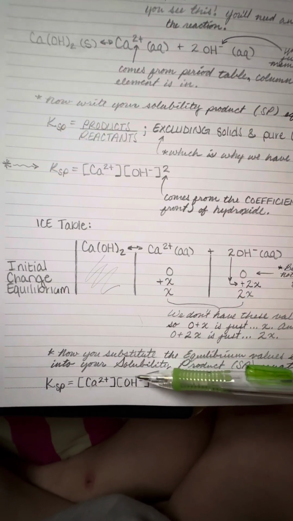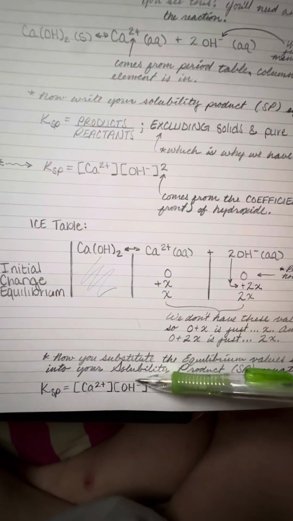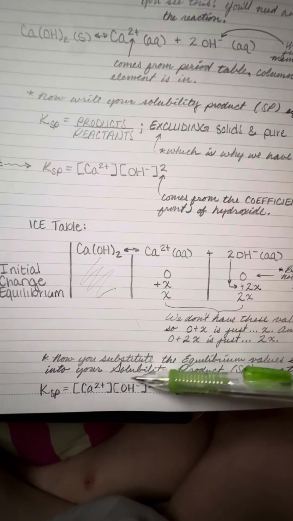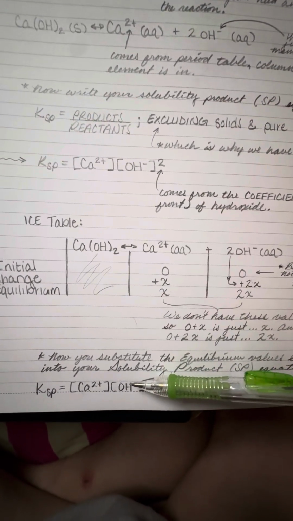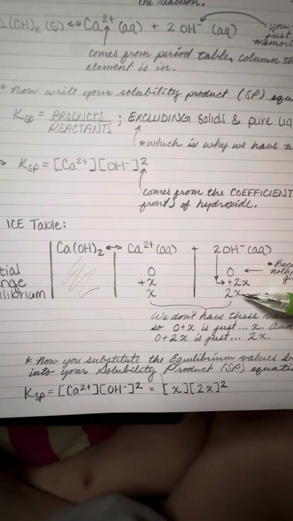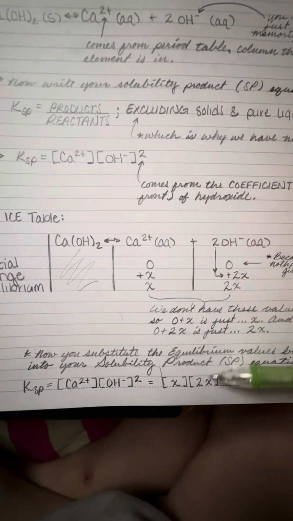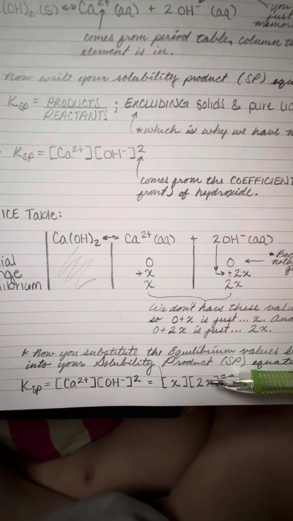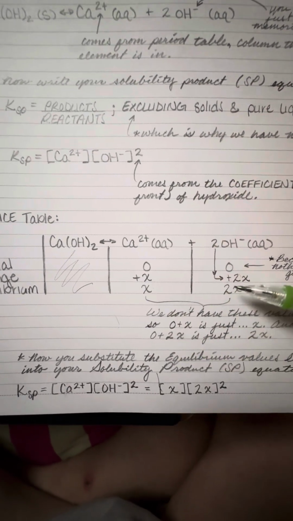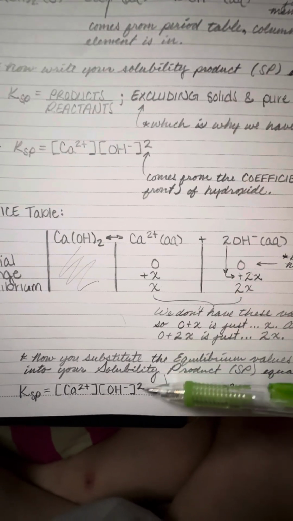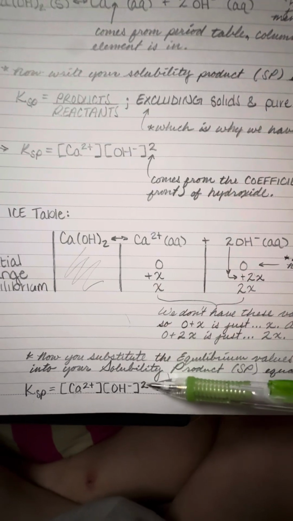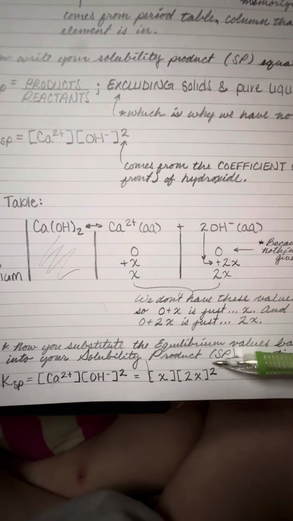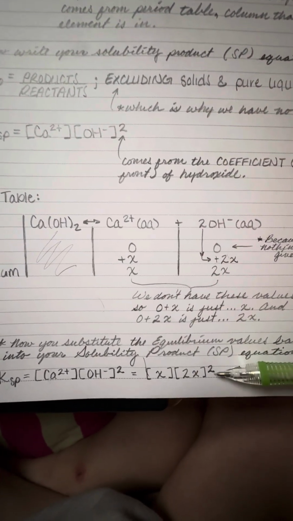The OH negative concentration is 2x, so we substitute that directly in. Don't forget that we have this raised to the power of 2.